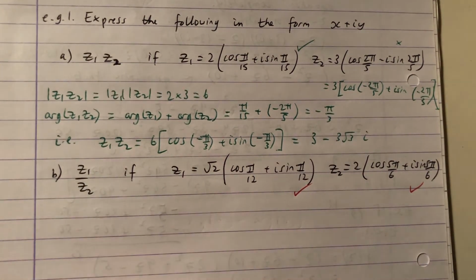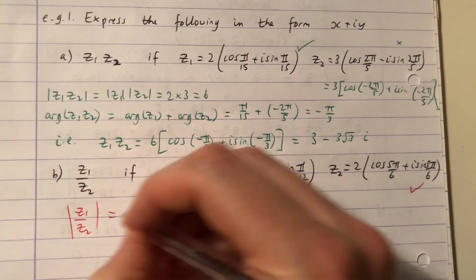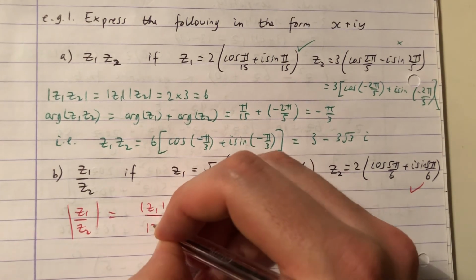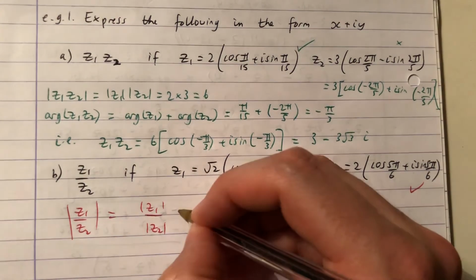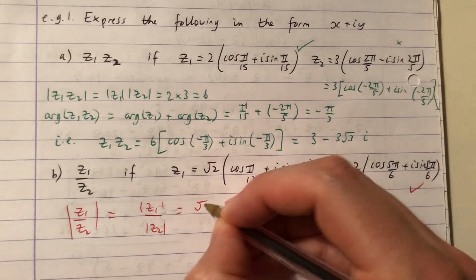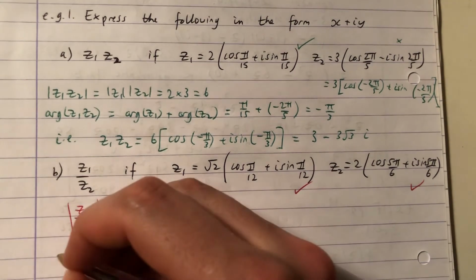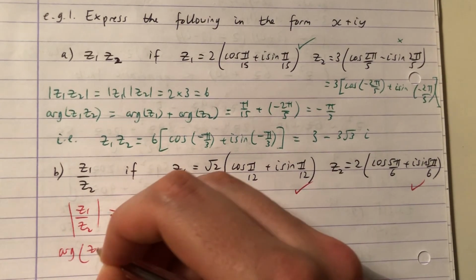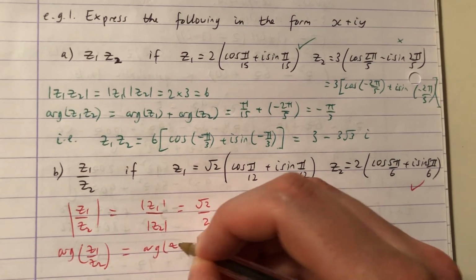So z1 over z2, I need to work out the modulus, which would be the modulus of z1 over the modulus of z2, which is root 2 divided by 2. That's a third. Right, arg z1 over z2 is the subtraction, or the difference between them.